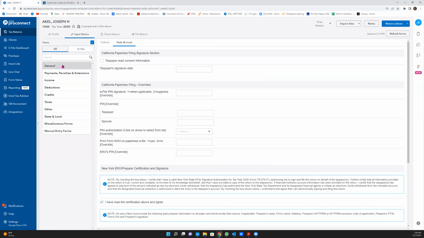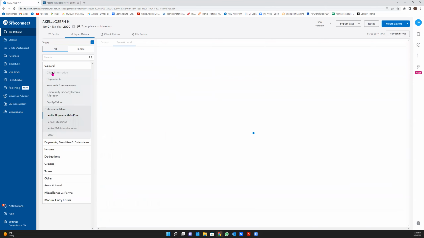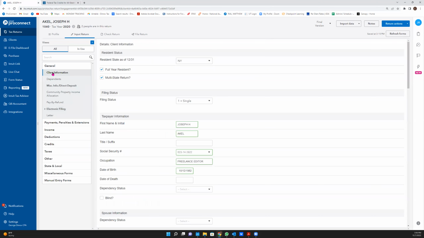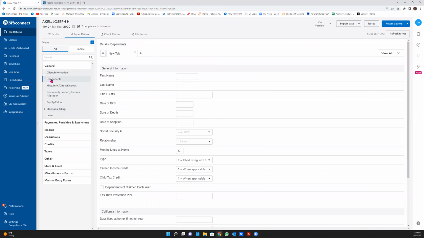So for the most part, in the general information tab, you are going to be inputting client information. The dependents tab is either for parents or for children, or in certain cases, other dependents, okay?